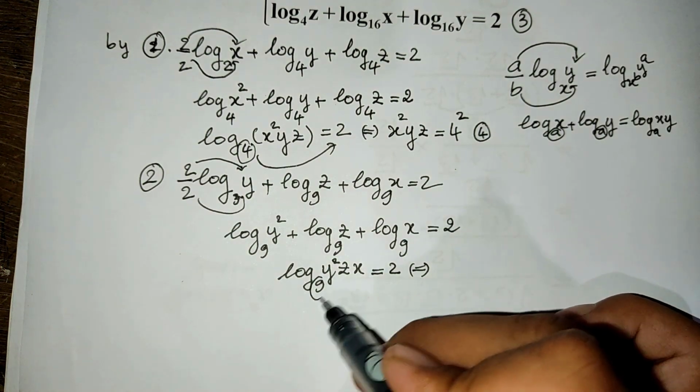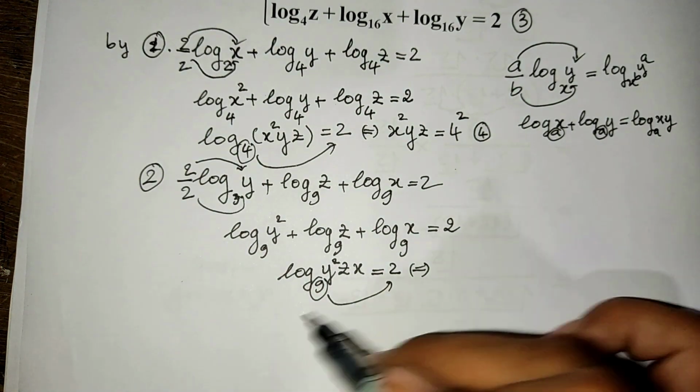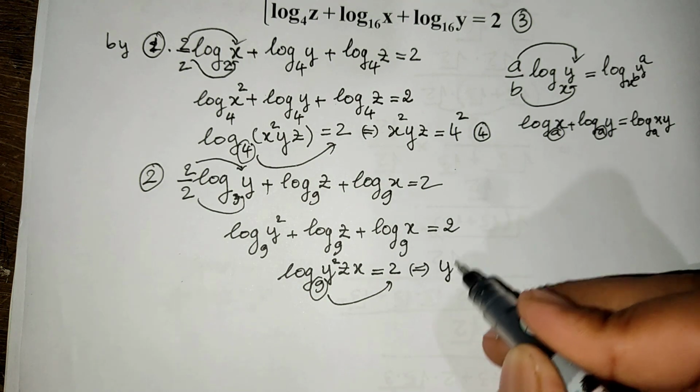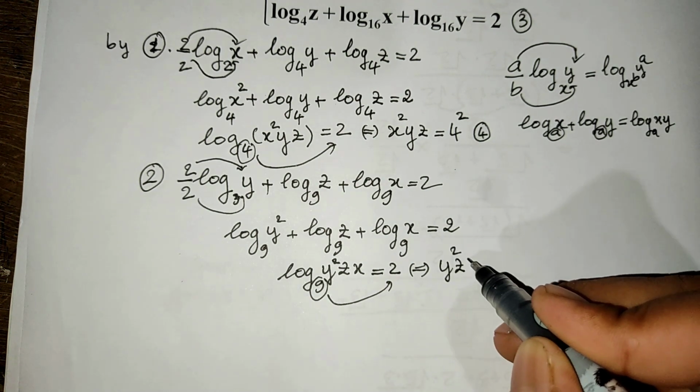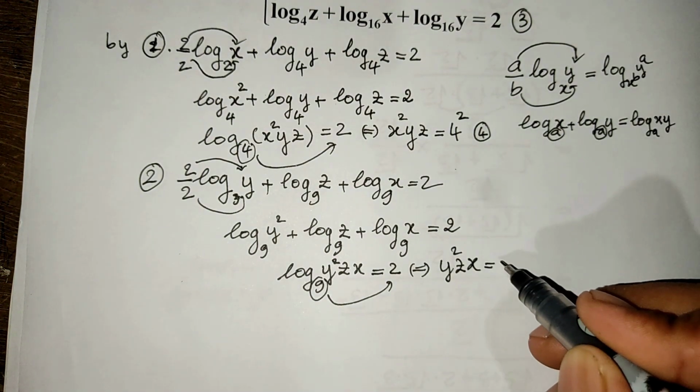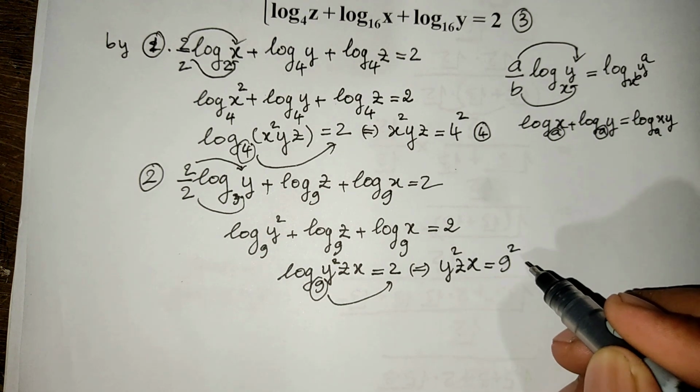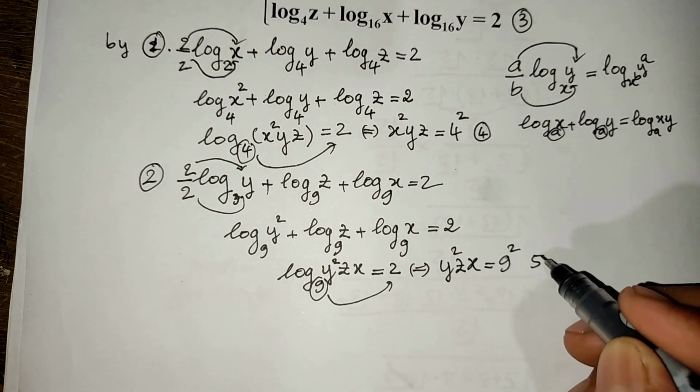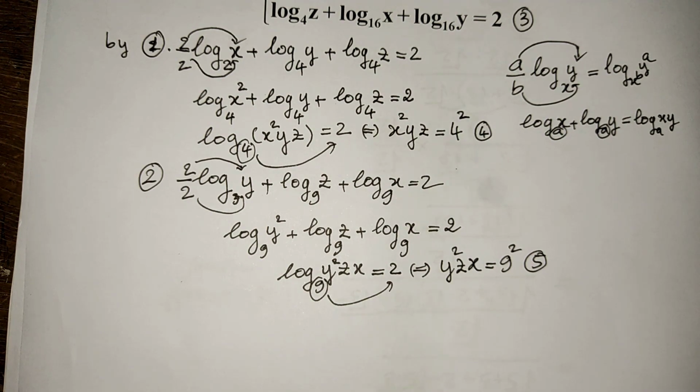Then we move the 9 to the right-hand side and get 9 squared. So y squared times z times x equals 9 squared. I label this the fifth equation.